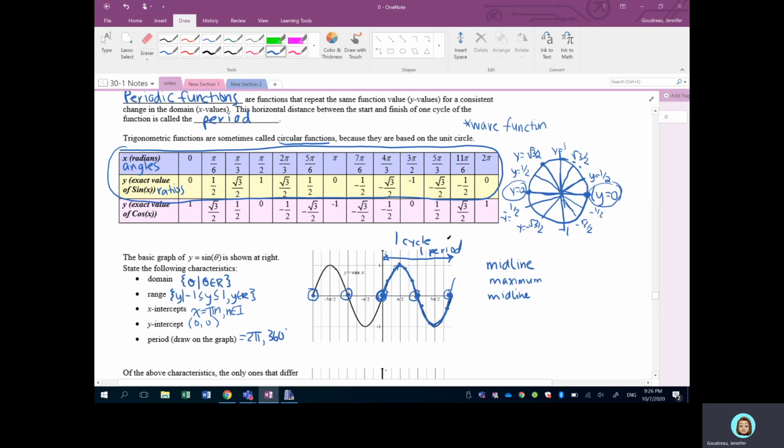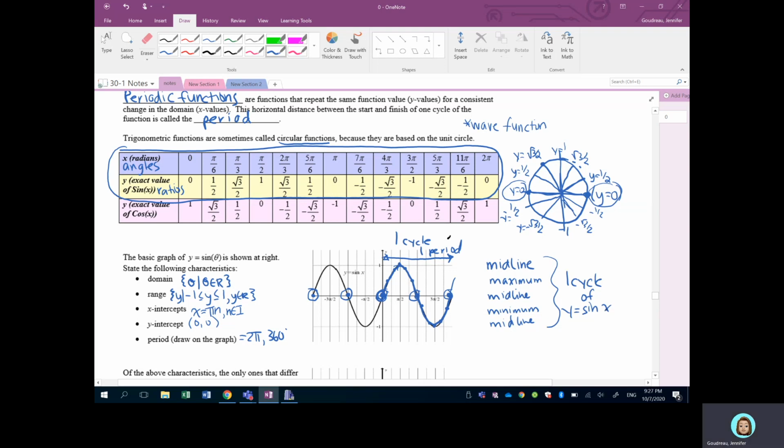It continues traveling down till it hits the minimum, and then travels back up and finishes at the midline. So no matter what we do to transform a sine function, it always does that same pattern. It starts at the midline, travels up to the maximum, back down through the midline, down to the minimum, and back again. So it's important that we recognize that this also represents one cycle of sine. y equals sine x. That's what it's going to do.